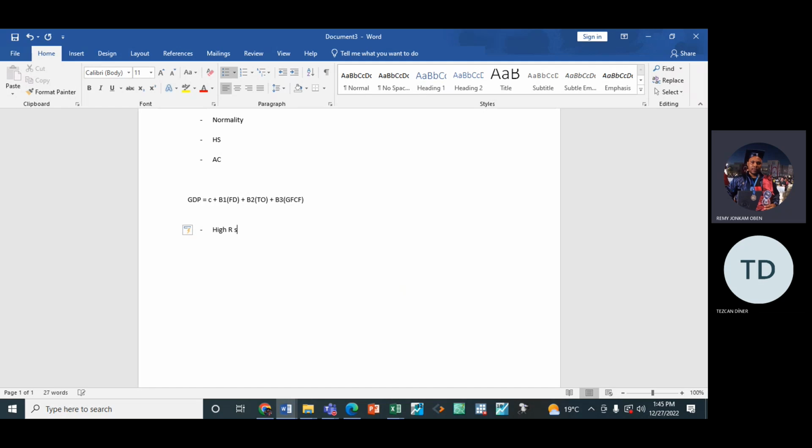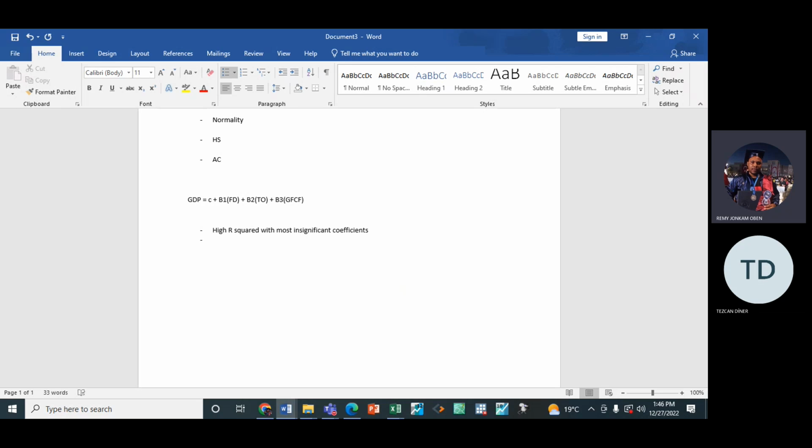Because if R squared is high, it means your model has good explanatory power, so you expect most of your coefficients to be significant. But if instead most of them are insignificant, it gives you some hints that there might be multicollinearity. But that's just an informal test. It's not even a test, it just gives you some hints.